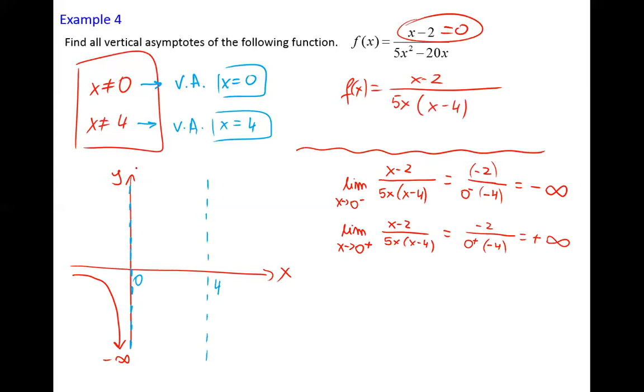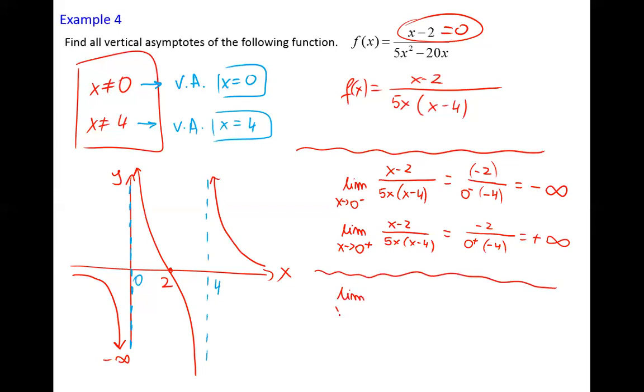Another thing, I can see that the x-intercept is 2, because I can just solve the top. And I'm just assuming that the function will behave like that. This is 2, the function will go on the left-hand side at 4 will be negative infinity, and on the right-hand side will be positive infinity. I can, of course, prove this.